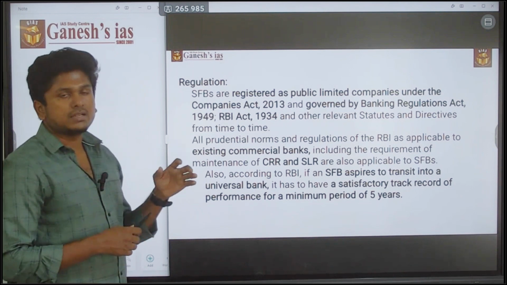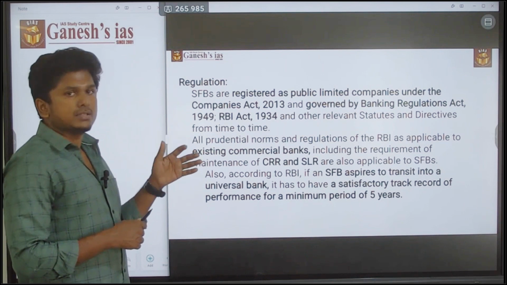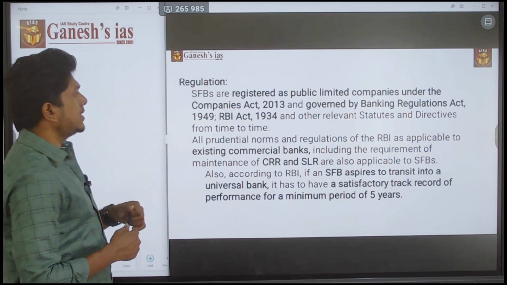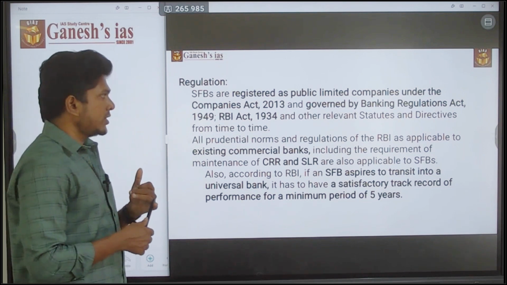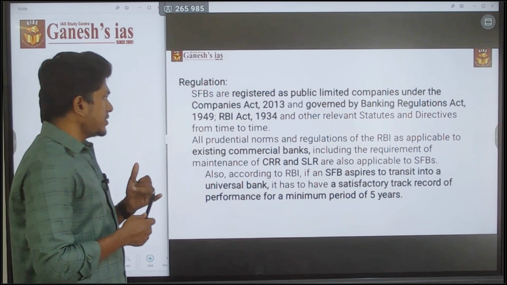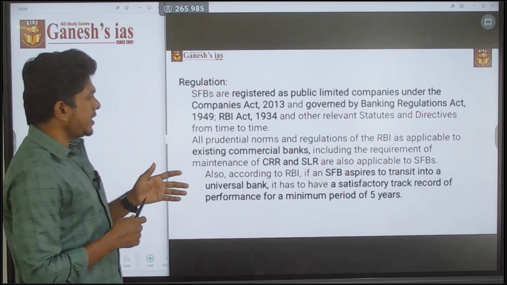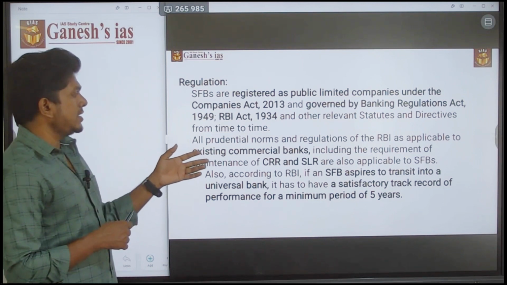These things are most important for the upcoming prelims; they may ask it. Small finance banks are registered as public limited companies under the Companies Act, and are also governed by the Banking Regulation Act and the RBI Act. They have to maintain a CRAR of 15%, and they also have to maintain the CRR and SLR.